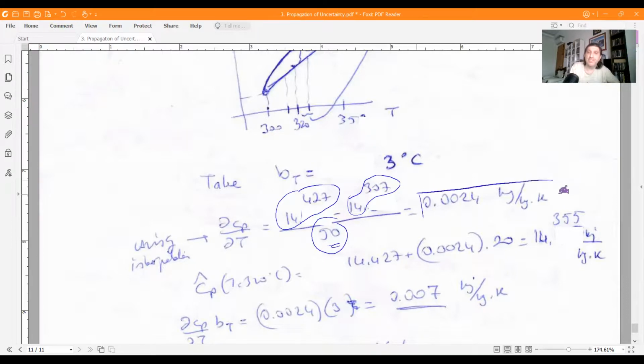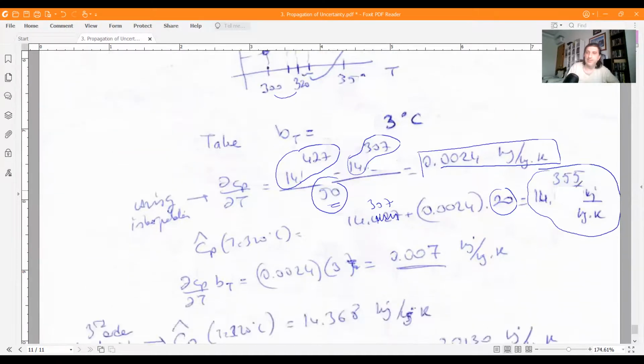Therefore, this is going to be the slope of that straight line. So if you multiply the slope of the straight line by 20, which is the difference between 320 and 300, and then add the lowest value here, the result is going to be equal to 14.05, 355.